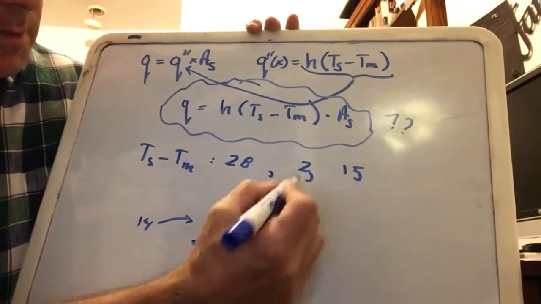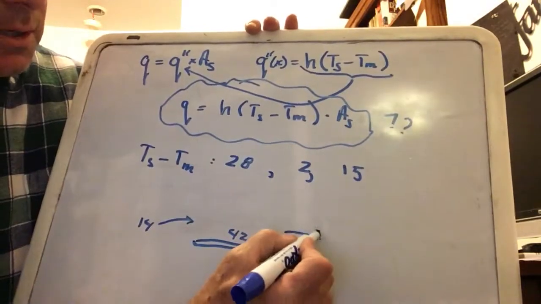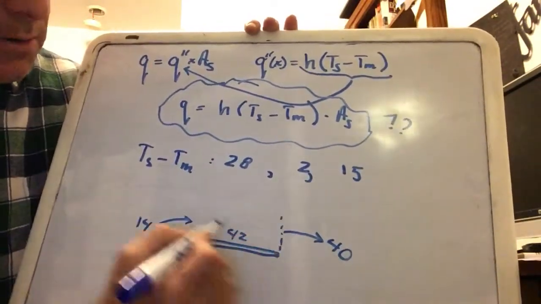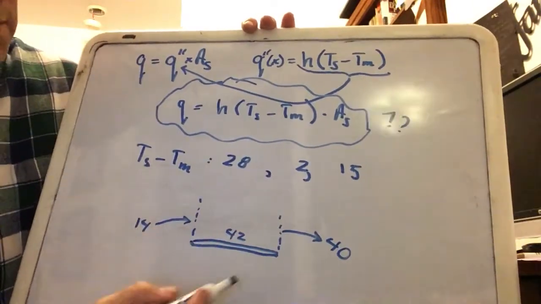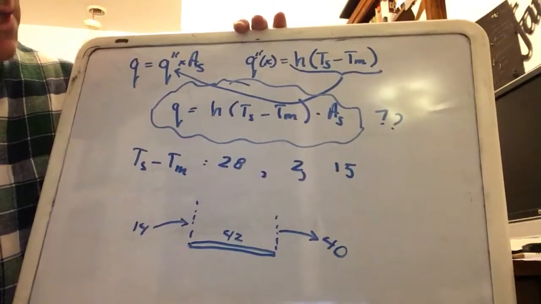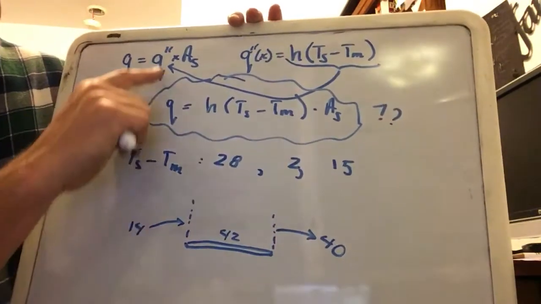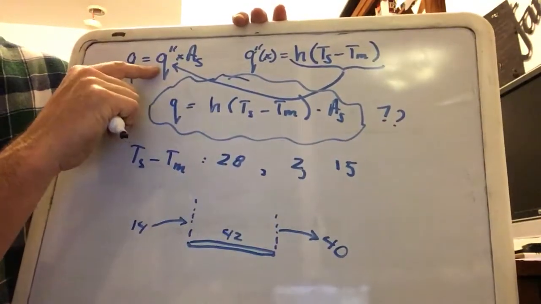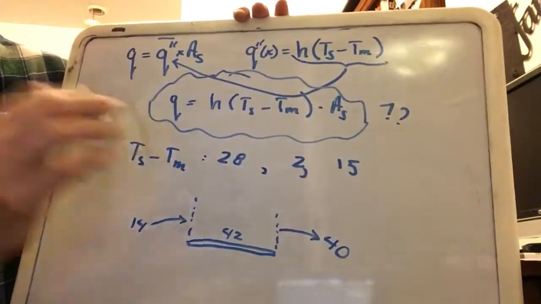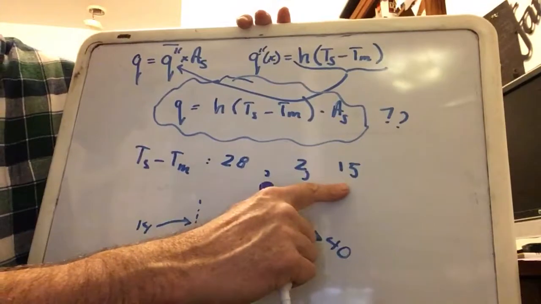Okay, how about 2? What did that represent? That represented the temperature difference at the outlet, where the surface is at 42 and the water's coming out at 40. Okay, and what would 15 be? Well, 15 is a really good guess. It would say, look, the appropriate thing to do to get the average flux, which I should have said this is here, this flux should be the average flux, would be to use the average temperature.